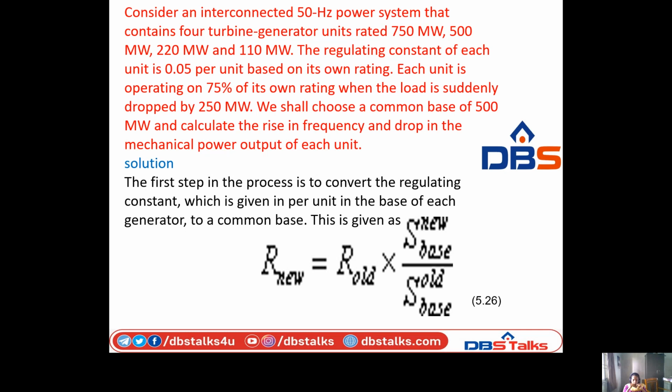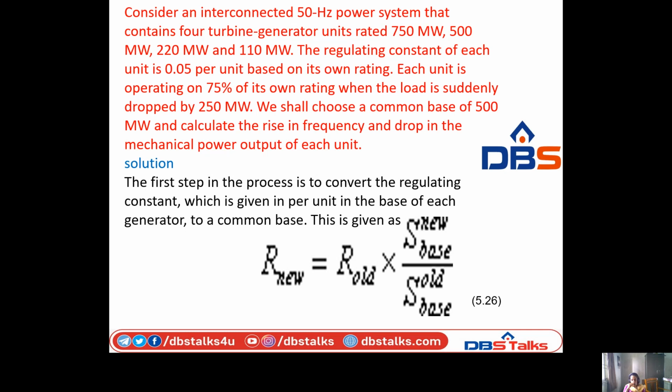Each unit is operating at 70% of its own rating. The load is suddenly dropped by 250 megawatts, and we choose a common base of 500 megawatts to calculate the rise in frequency and drop in mechanical power.